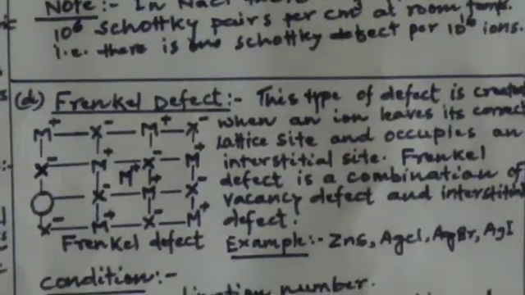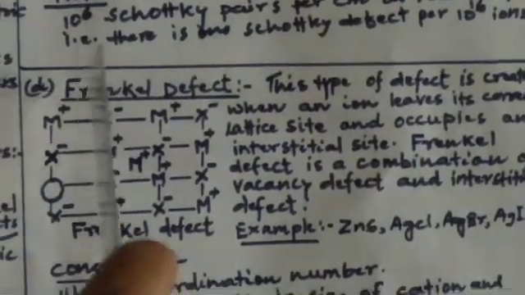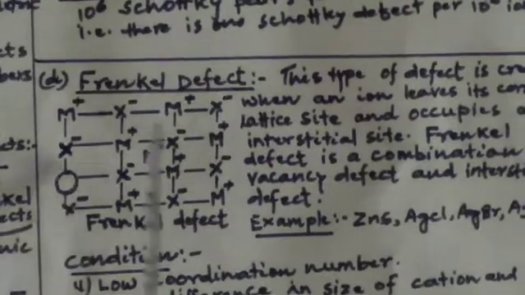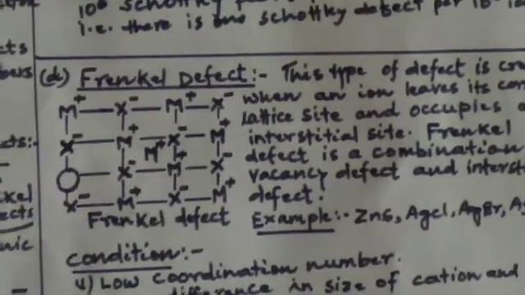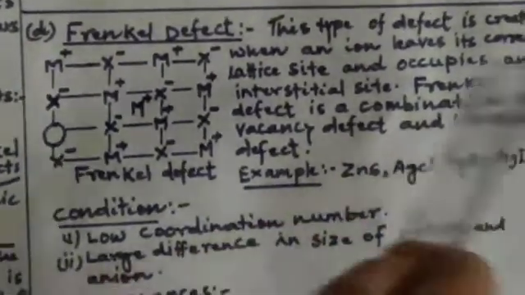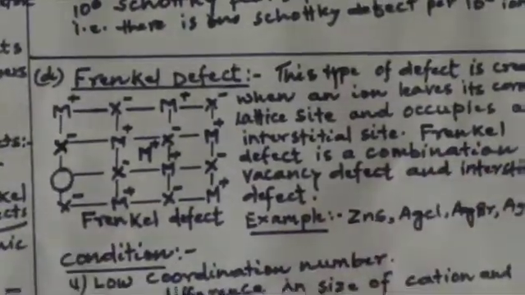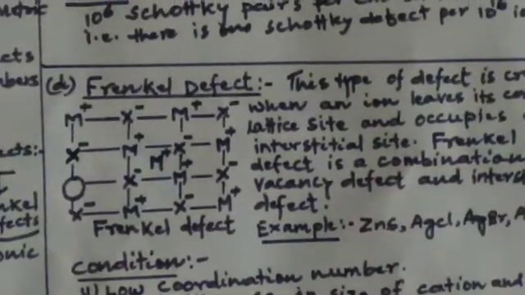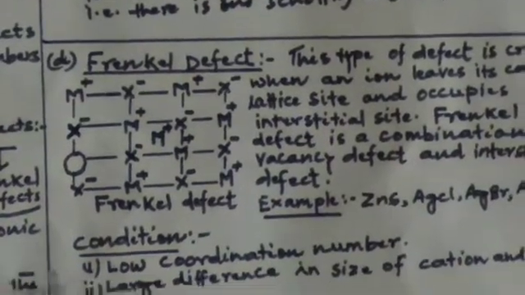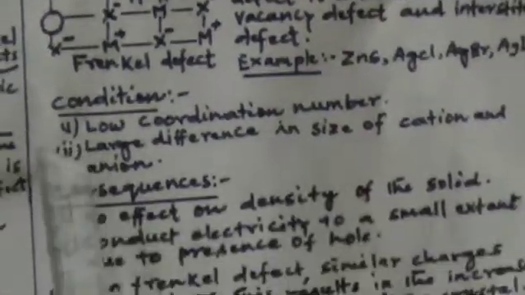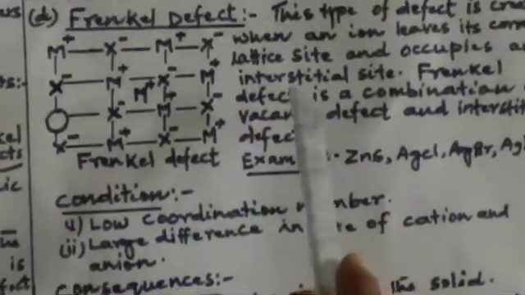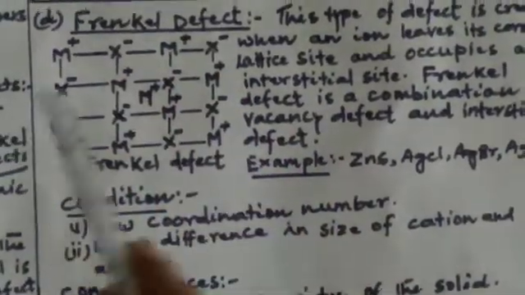Number 2, in Schottky defect, the density of the crystal decreases. In Frenkel defect, there is no change in the density of the crystal. Third, in Schottky defect, the substance shows some electrical conductance due to the presence of holes. And in this case also, it shows some electrical conductance.